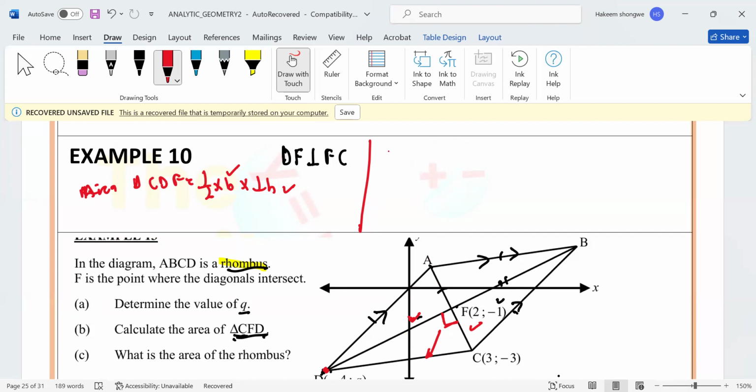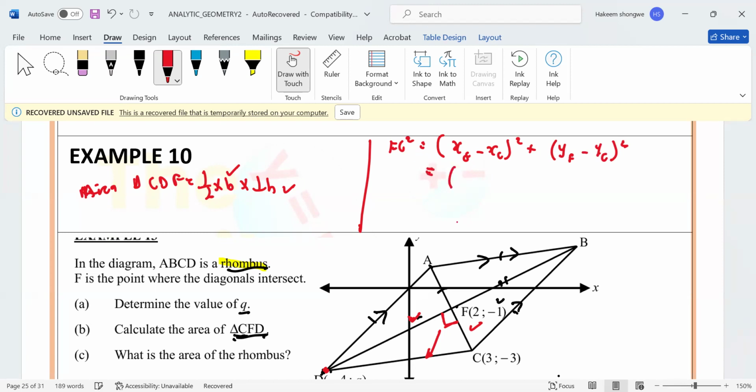I am going to look for the length, not the gradient, the length. You need the length here. So we're going to look for the length of FC. How do you get the length of FC? From calculating the length, we said FC all squared is going to be given by X at F minus X at C all squared plus Y at F minus Y at C all squared. And then if you do that, what is it that we're going to get?